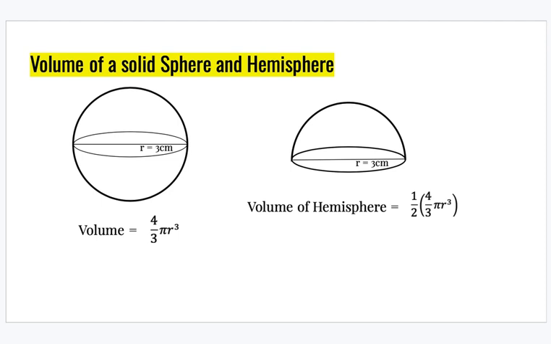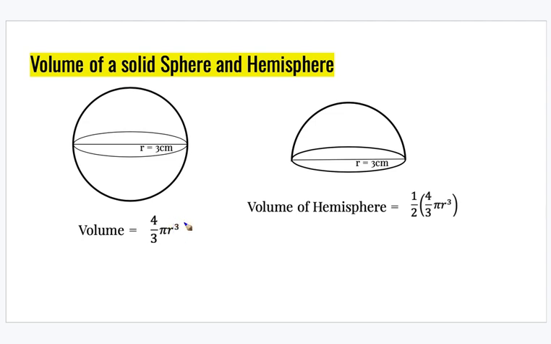Now let us take a look at the volume of a solid sphere and a hemisphere. Using a similar experiment as shown earlier on, we can confirm that the volume of a sphere is 4/3 pi r cubed.